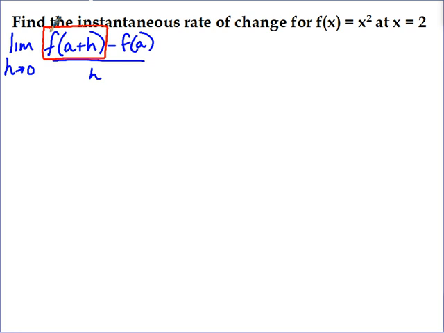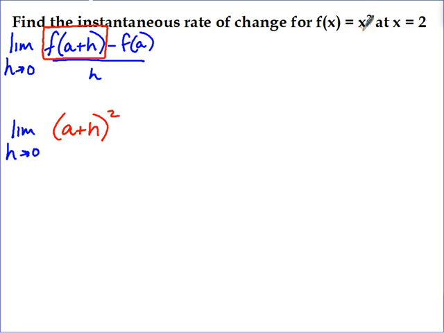All we do is take whatever's in the parentheses and plug it in for x. So this is going to equal, and I'm going to keep the limit the same, and now f of a plus h is going to be a plus h squared. All I did was take a plus h and plug it into my function for x. So you get a plus h squared.